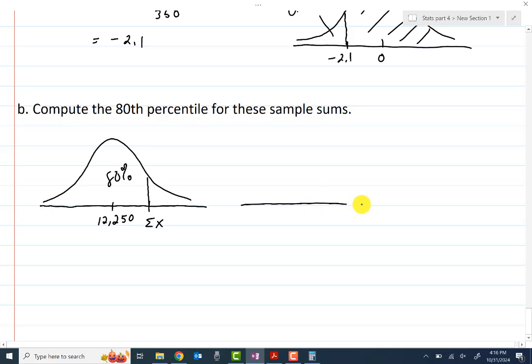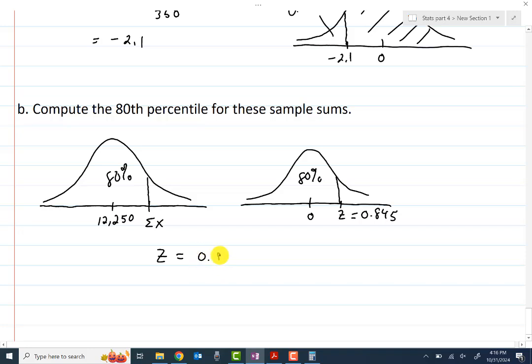Go to the z-score. We've done this one several times by now. I know it's to be 0.845. And then we'll go and try to figure out the sum of x. That's the unknown quantity here.